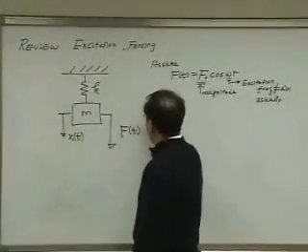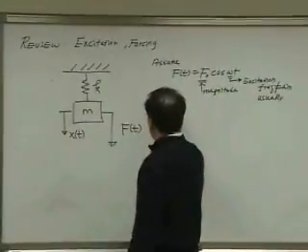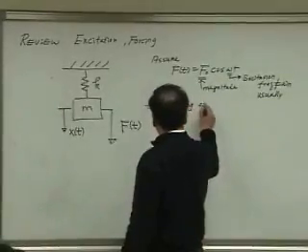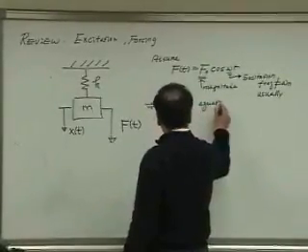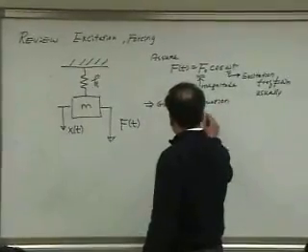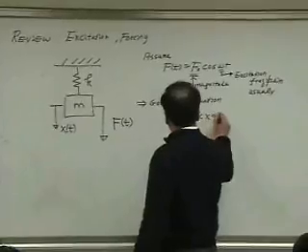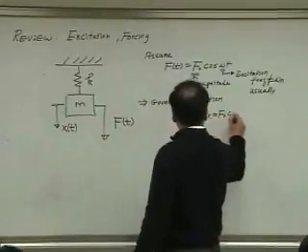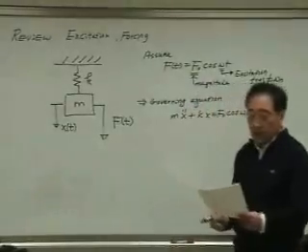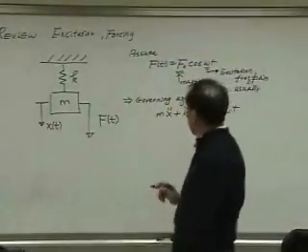And this gives us the governing equation, that can be written as m x double dot plus k x equals F0 cosine omega t. Okay.